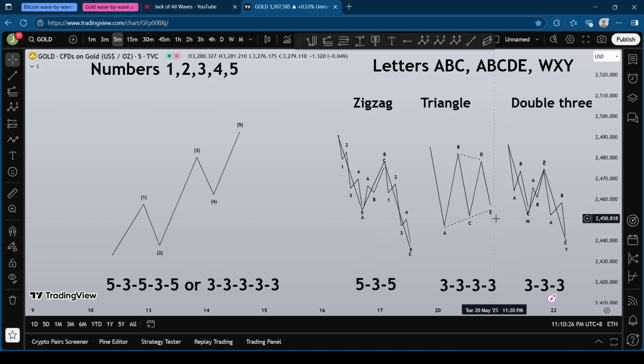So the breakout will happen only if it breaks the line BD or the line AC. And then for the double three, the counting structure will be 3-3-3.